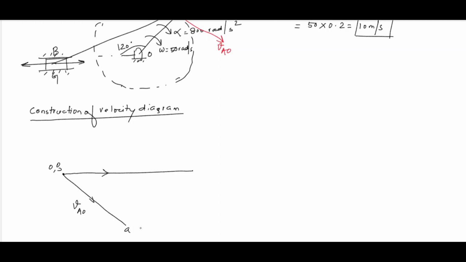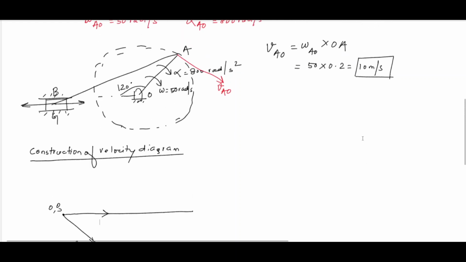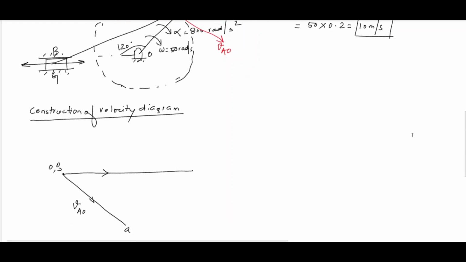Third step is to draw a vector which will represent the relative velocity of point A with respect to B. It will be normal to the connecting rod. So from point A, I will draw a line normal to the connecting rod AB. Both these lines will intersect here. Let me redraw it.